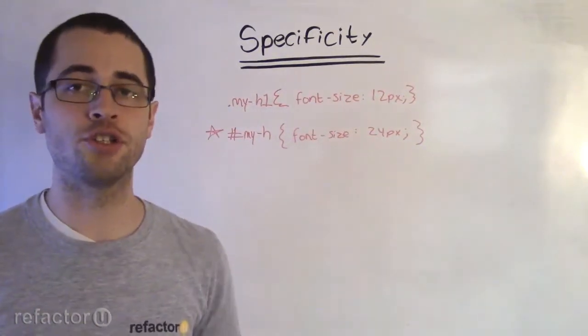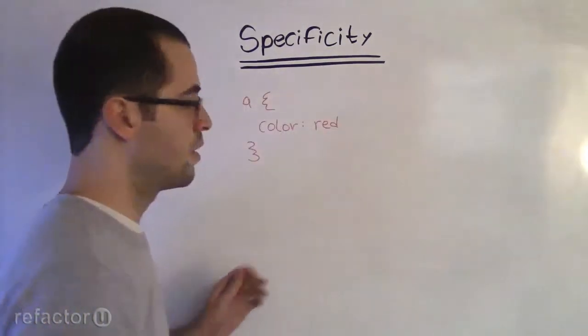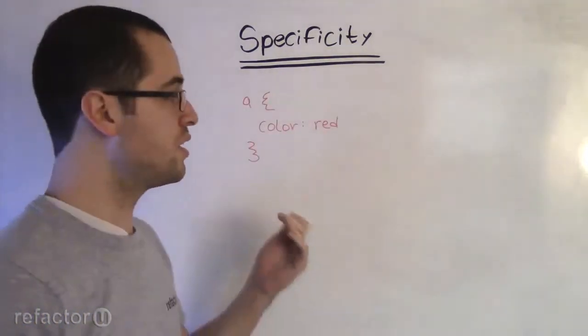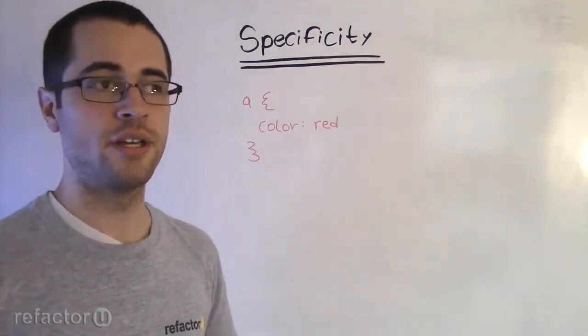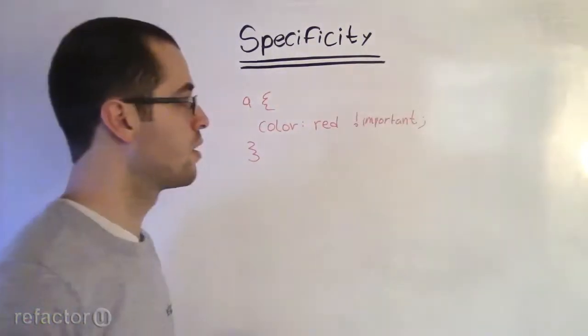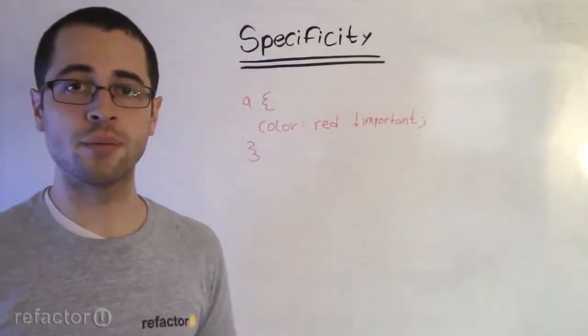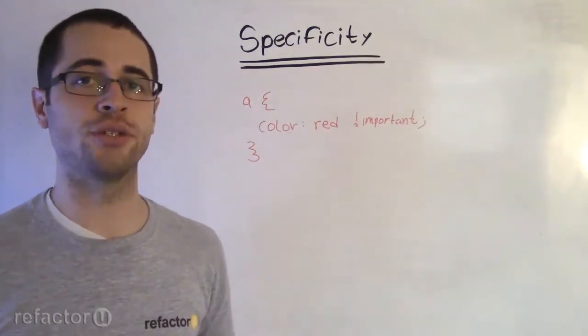It's also important to show important. So an important rule, when defining a rule, we can use the exclamation point important to define that it overrides all specificity. Now I'm showing you this because you'll probably see it, but I am advising heavily against actually using it.